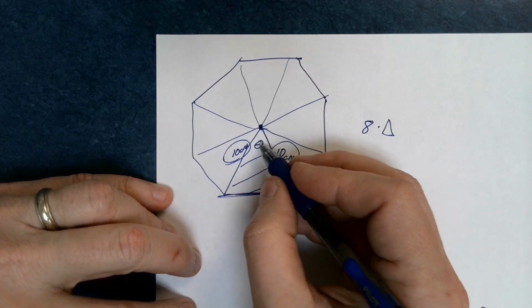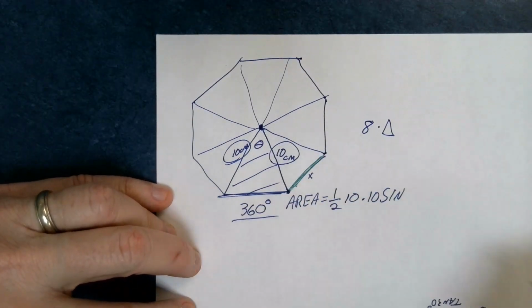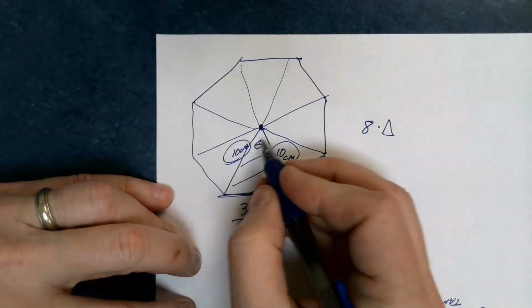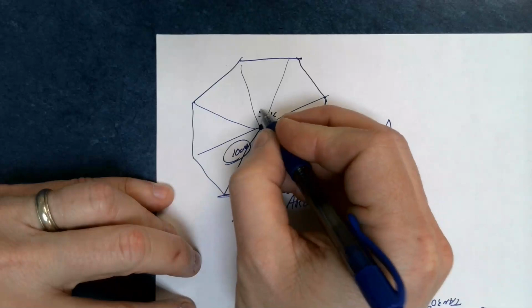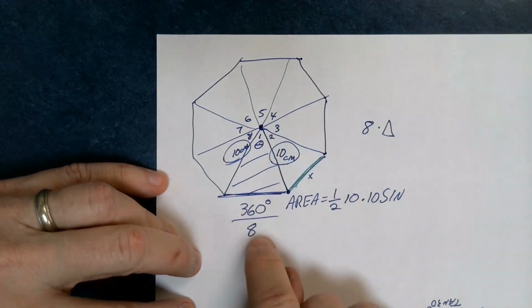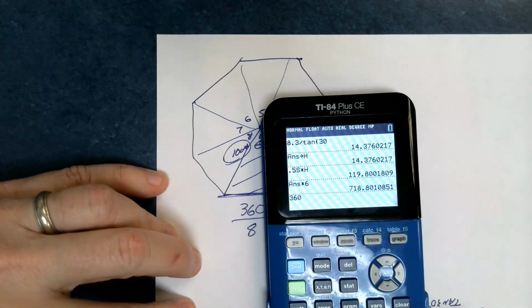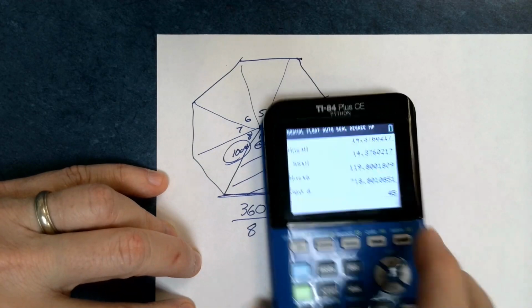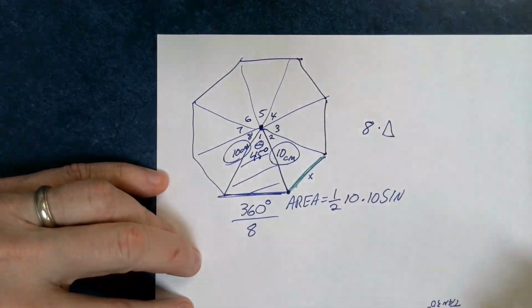Now, we're thinking, well, what the heck is this angle? Well, there's 360 degrees that go all the way around. This has 8 of these. 1, 2, 3, 4, 5, 6, 7, 8 of these angles that go all the way around. So I simply do 360 divided by 8. I get 45 degrees. So that angle is 45 degrees.